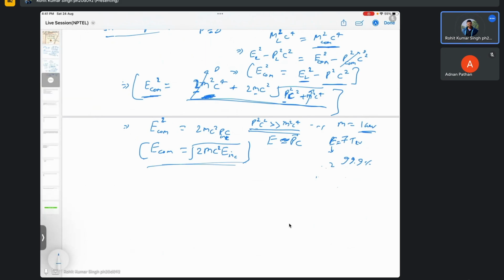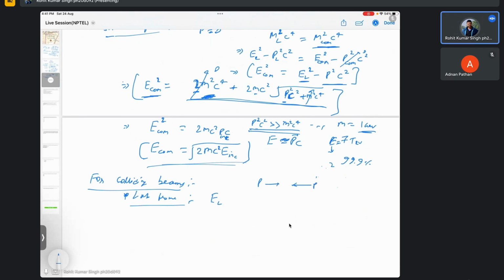Okay, then let's see what happens for the colliding beams. Now here in the lab frame, first we have energy.